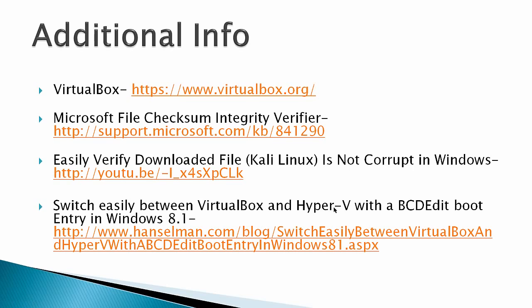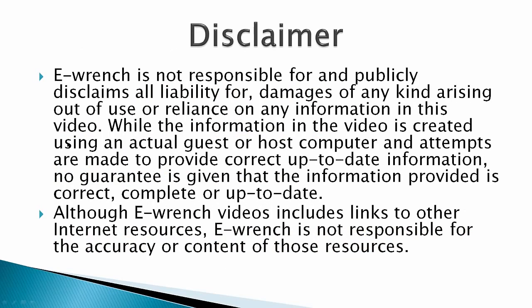If you have Hyper-V enabled on your Windows 8.1, you've got two ways to do it. You can use the Windows Add Remove features where it's permanently removed, or a site like this which shows you how to do it by giving you a choice when you boot up whether to enable Hyper-V or VirtualBox.